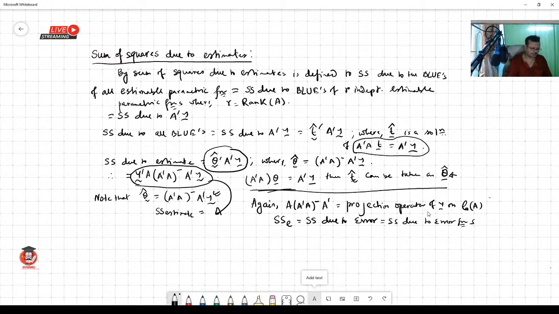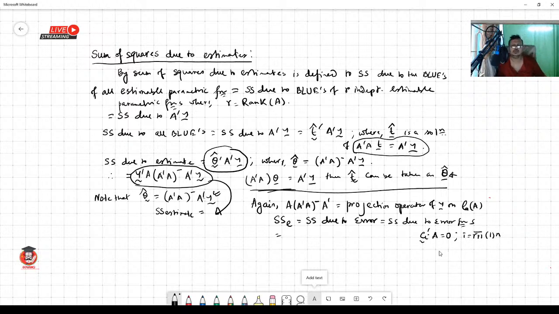Suppose Ci prime A equals 0 for i from r plus 1 to n.